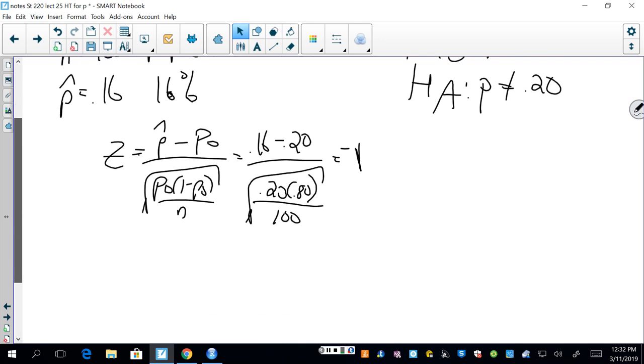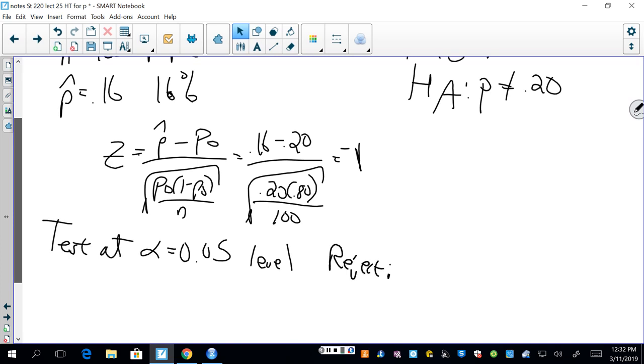Do a test at a 5% significance level. Right? We would reject if z is less than -1.96 or z is greater than 1.96. But -1, one standard deviation below the mean, is not so unusual.